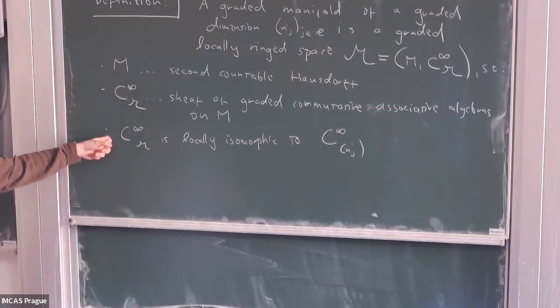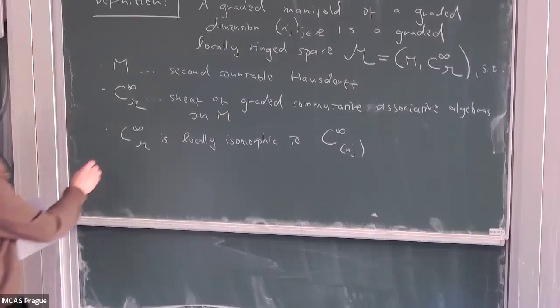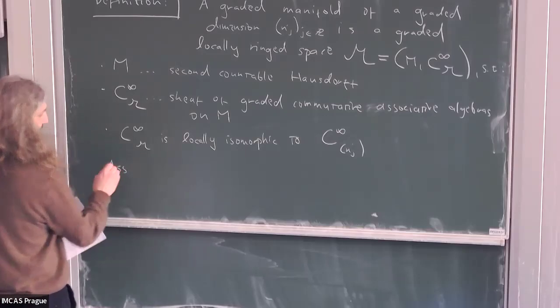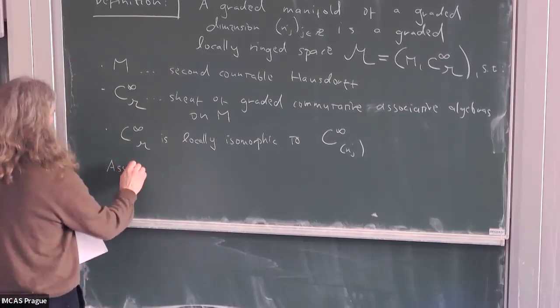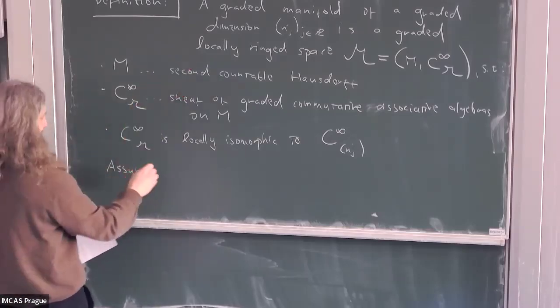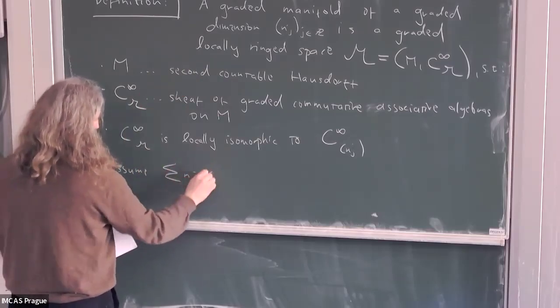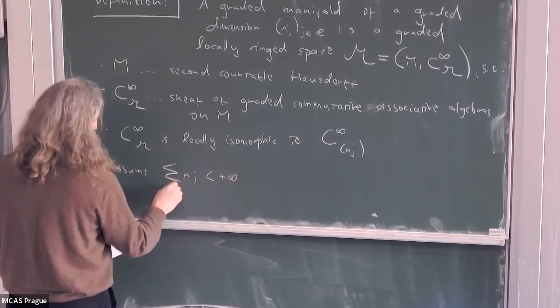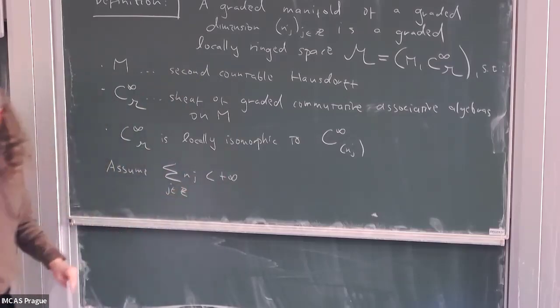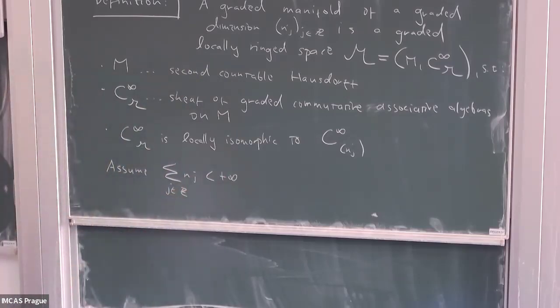This is automatic from this property. And just a technical detail, we always assume a finite dimensional case. So we assume that the sum of those nj's is finite, so only finitely many of them are non-zero.